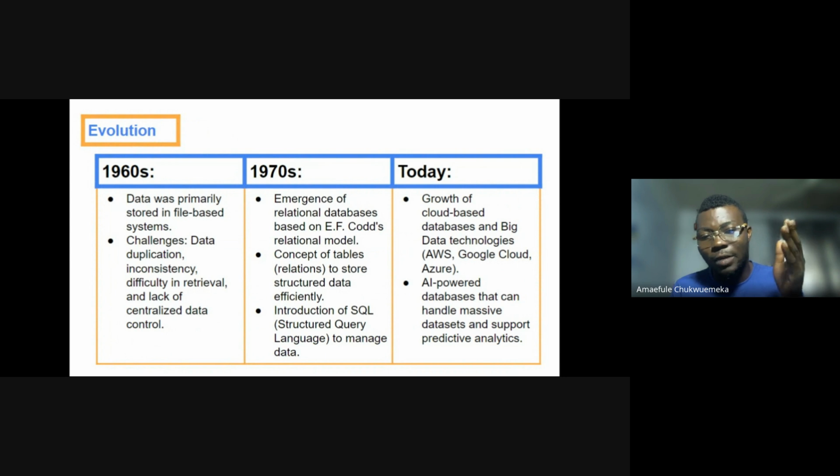Early in the 1960s, the need to save files was growing, becoming demanding. And because of that demand, the need to create a system that could save and store these files was important.